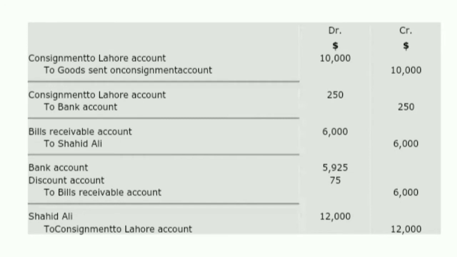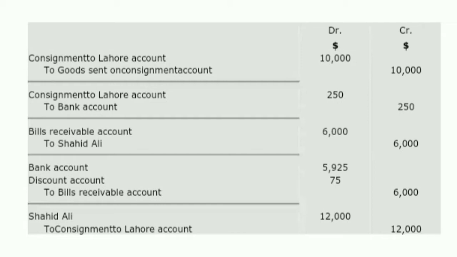And the solution of this problem is, for the first journal, consignment to Lahore account debit for 10,000 and the credit to goods sent on consignment account 10,000. Number 2, debit consignment to Lahore account and credit to bank account for $250.